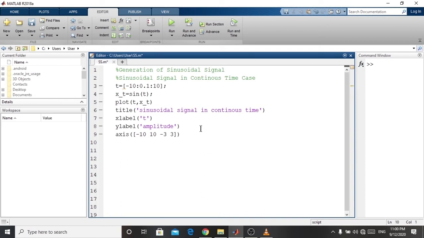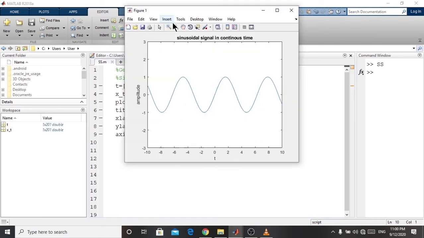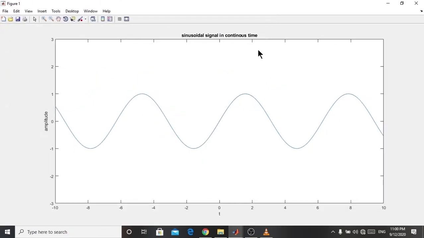Now let's run the code and look at how the graph will look. So this is how the sinusoidal signal in continuous time will look and how it has to be produced.